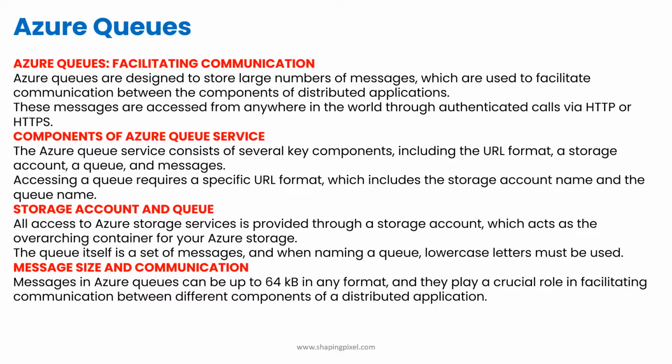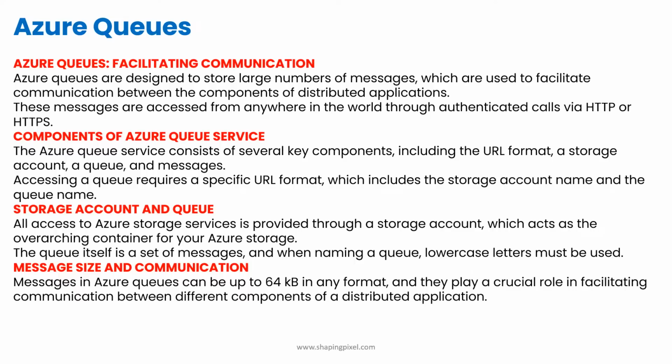The Azure Queue service consists of several key components, including the URL format, a storage account, a queue, and messages. Accessing a queue requires a specific URL format, which includes the storage account name and the queue name. All access to Azure storage services is provided through a storage account, which acts as the overarching container for your Azure storage.